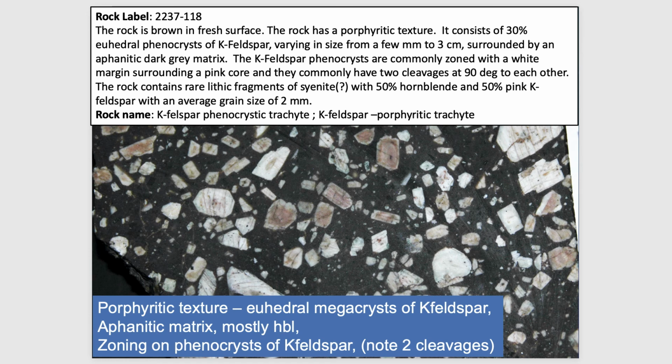This is another example of a relatively dark rock, but you have to be very careful when you look at these rocks. Volcanic rocks are more challenging to identify compared to the plutonic rocks. Here it's critical to recognize the pinkish color of the phenocryst, which is a good indication that you are dealing with quite a bit of K-feldspar in this rock.